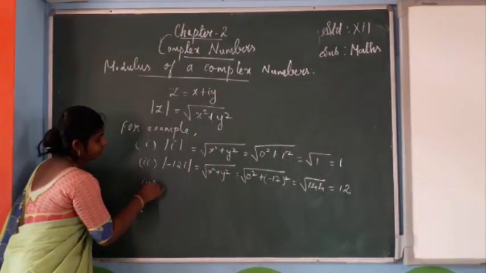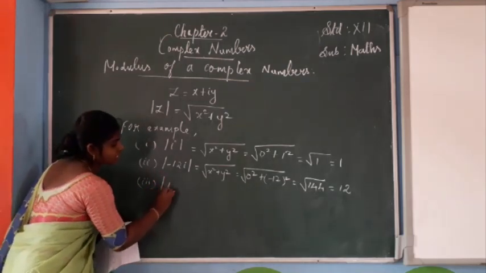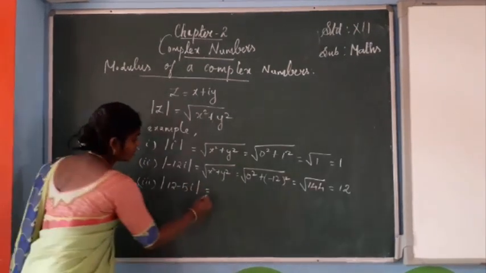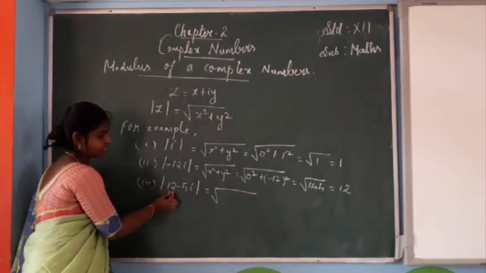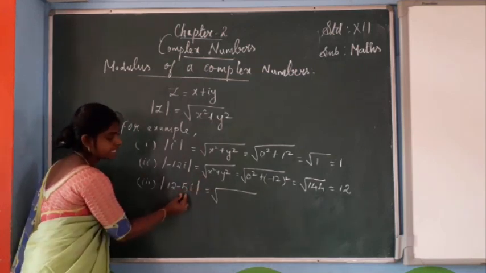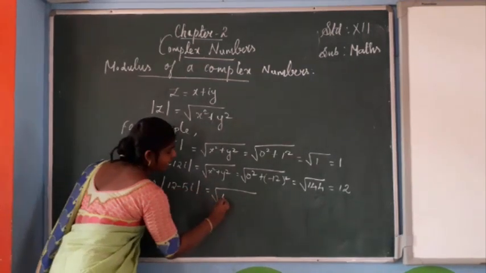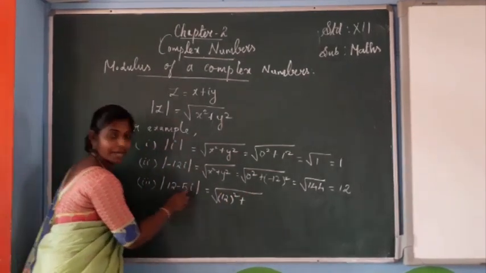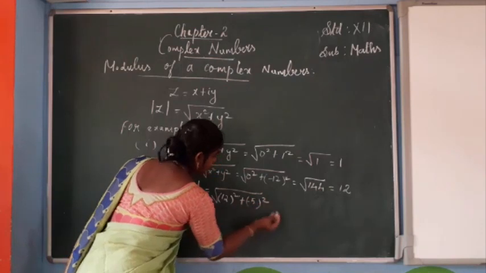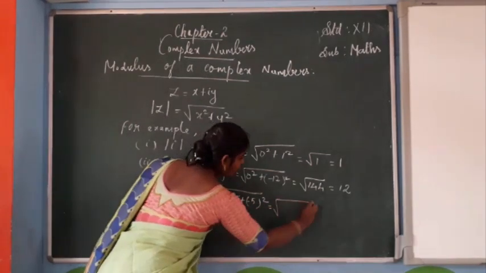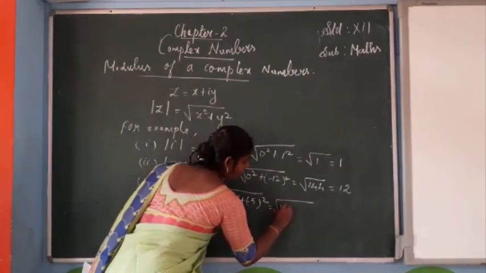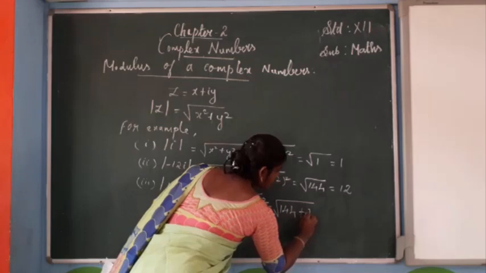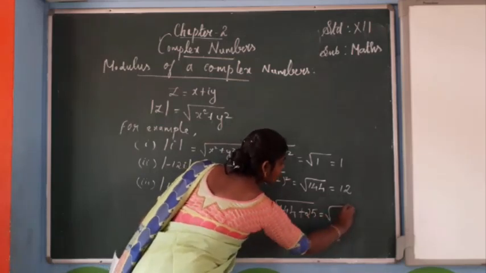So third one, modulus of 12 minus 5i is equal to root of, x value is 12 and y value is minus 5. So 12 square plus minus 5 the whole square, that's equal to root of 12 square value 144 plus 5 square value 25.